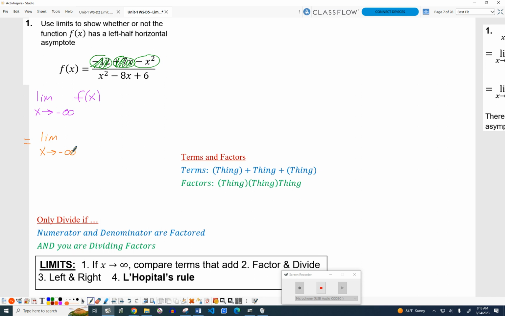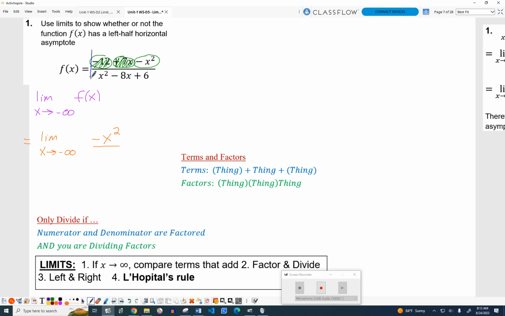We are no longer going to be finding the limit of f per se. We're going to be finding the limit of just a numerator of negative x squared, because we have logically deduced that the other two terms aren't making any meaningful contribution as x becomes extremely negative. Questions about anything? Here's a vote for the whole room.